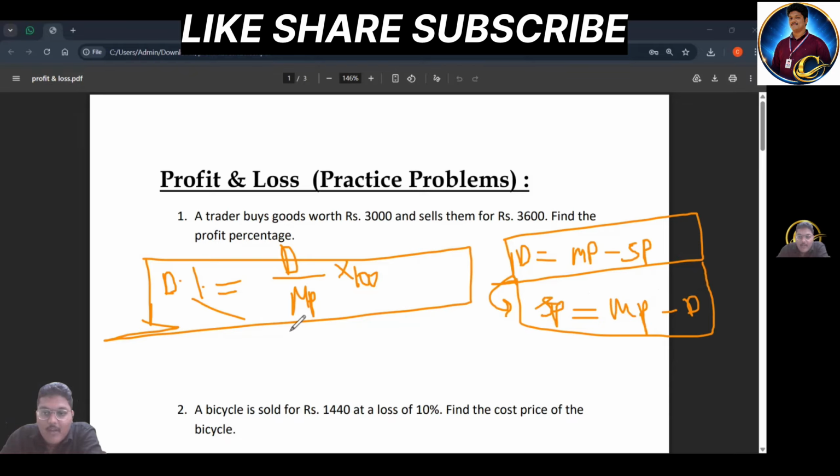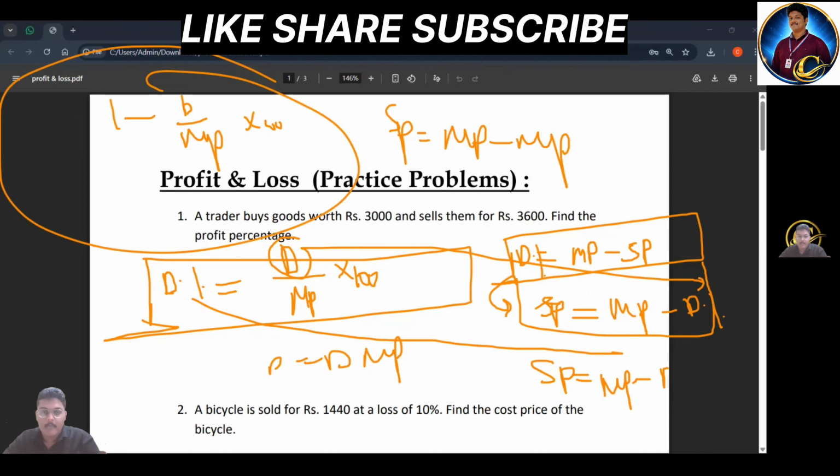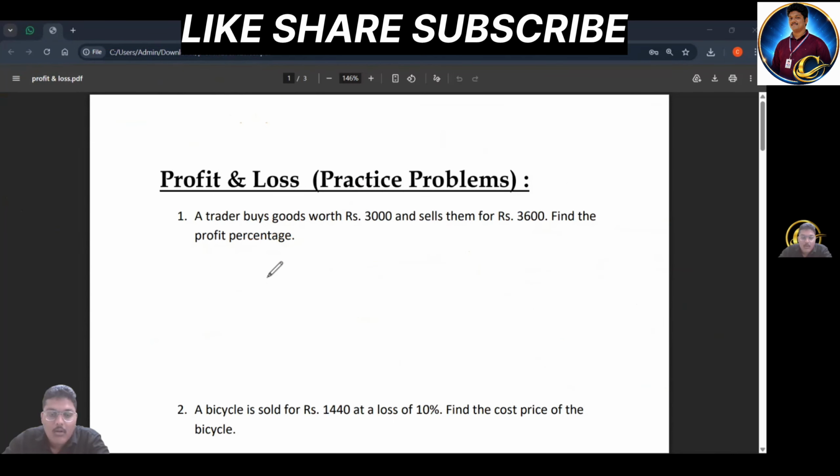Now, if you substitute this D here, D is equal to MP minus SP.